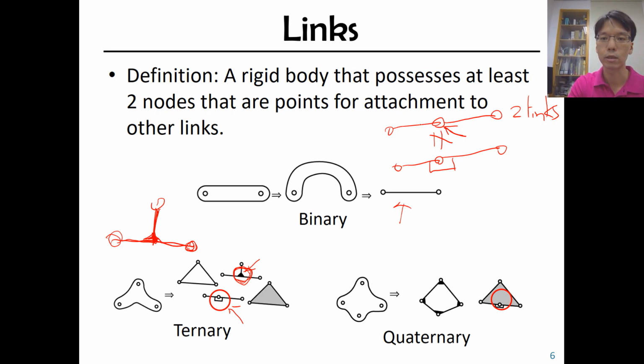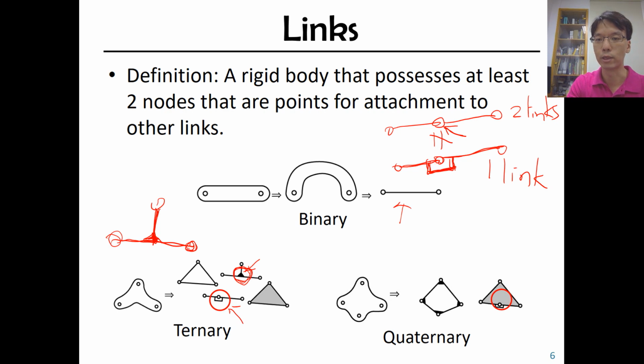So there are two links in this one. But for the bottom one, there's only one link. And this one, we put a small brick here. That means there is no relative motion between these two lines. So it's similar to the triangle, but we just use a white block instead.